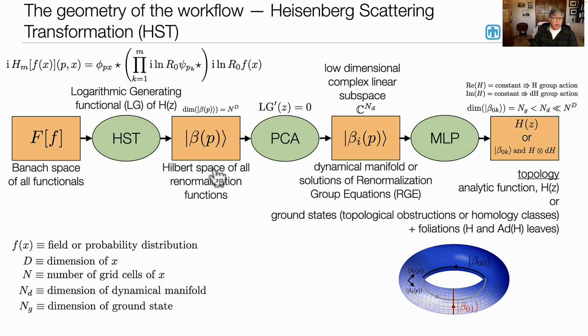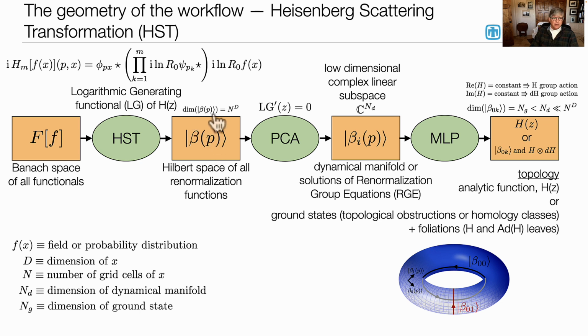What these actually are is all possible renormalization functions, or all possible ways that the physics can change as a function of scale, okay? But it's complex scale: both direction as well as magnitude as well as phase.